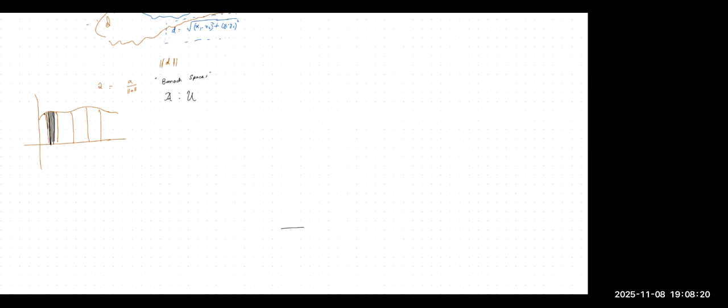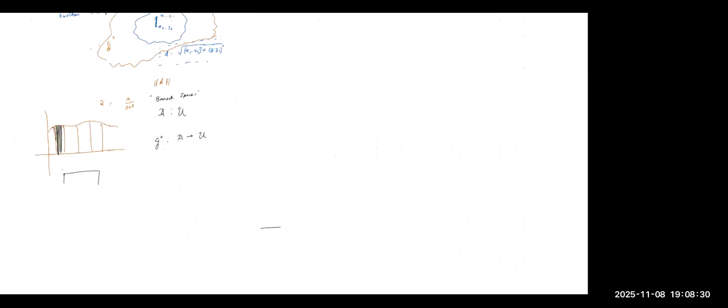We have an operator which maps one function space to another. So far in neural nets, you have a Euclidean input and a Euclidean output.